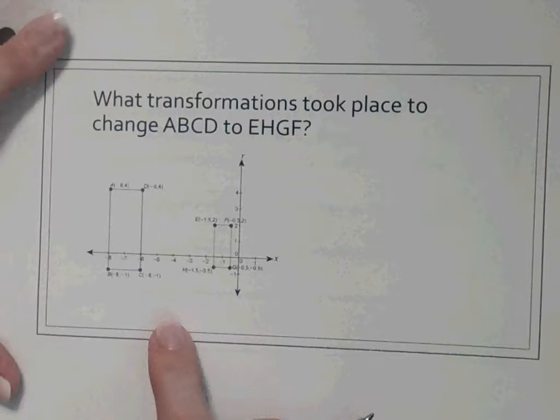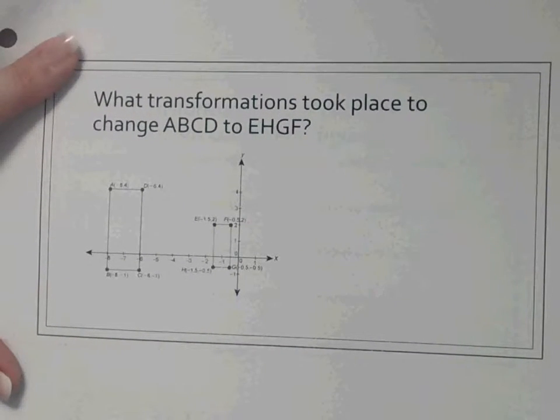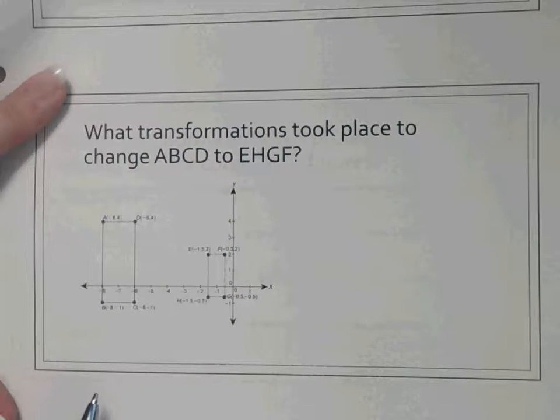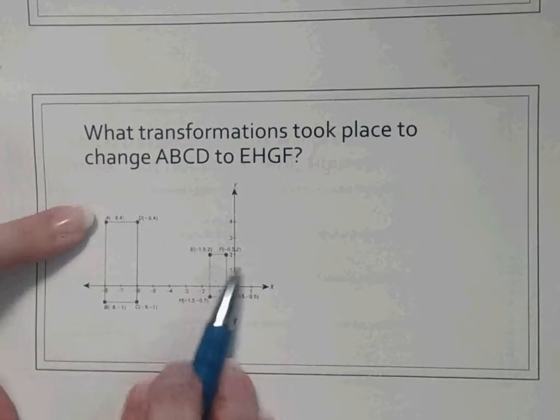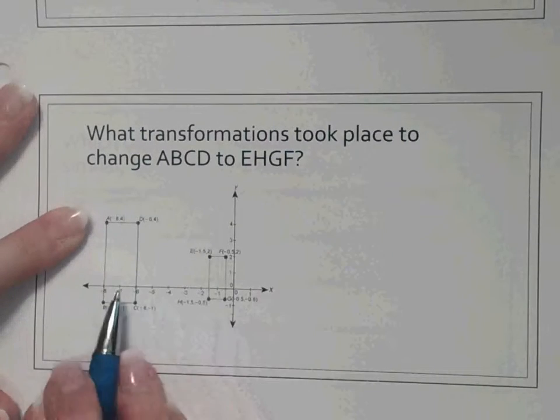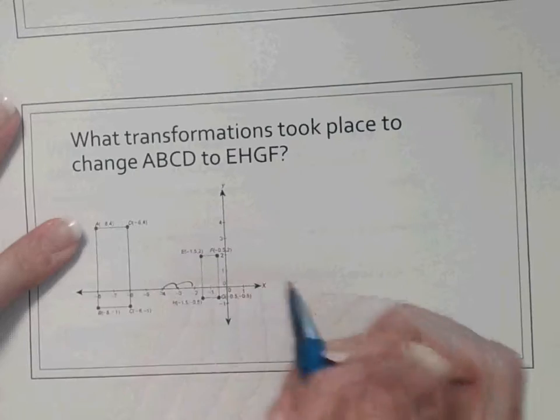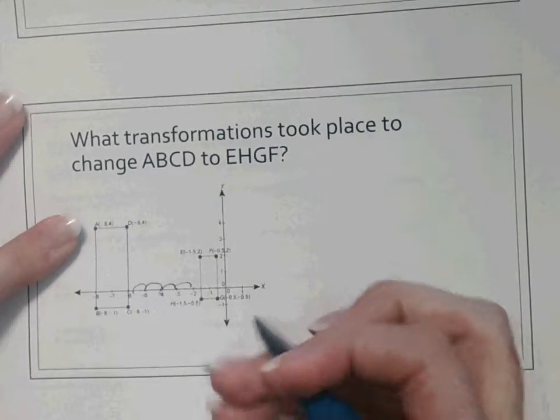Okay, which transformations took place to change ABCD to EHGF? Okay, so on these, there is a 1, 2, and 1, 2 spots there.